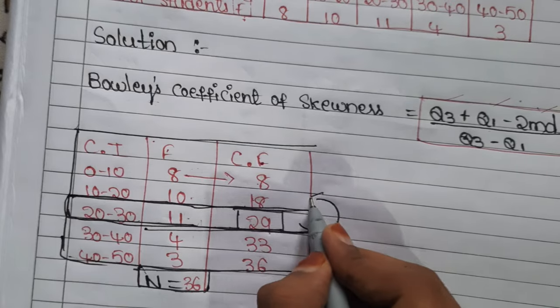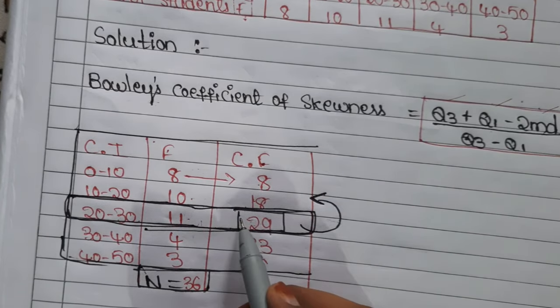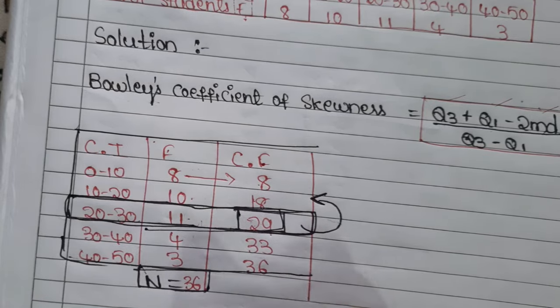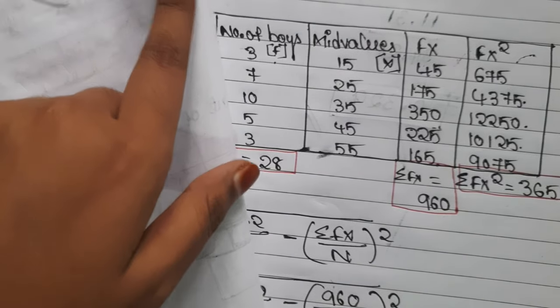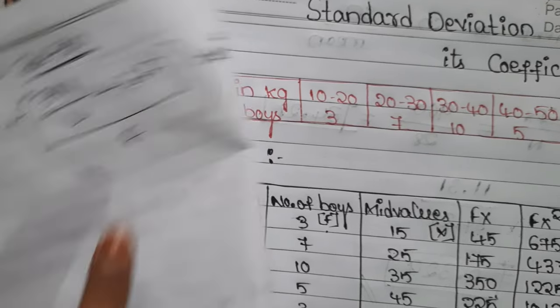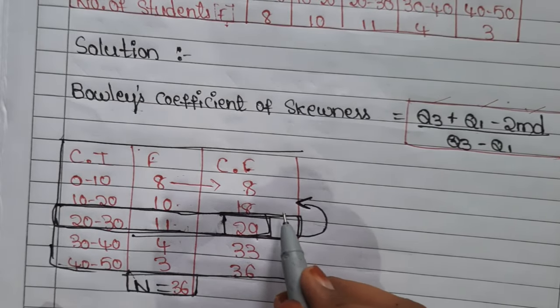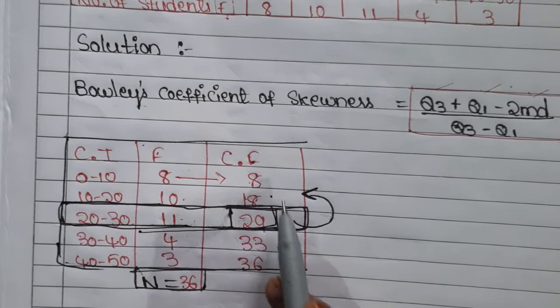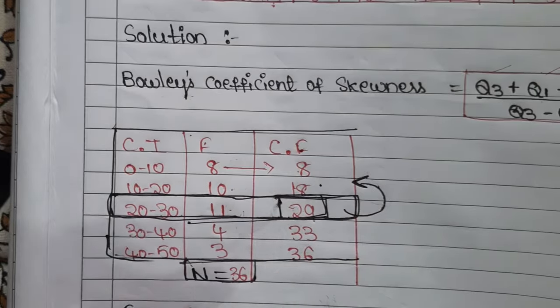Above this we are going to consider as cumulative frequency. For the term we take this cumulative frequency, but here we are going to take the one above. Take the one above, not 29. So here cumulative frequency will be 18.